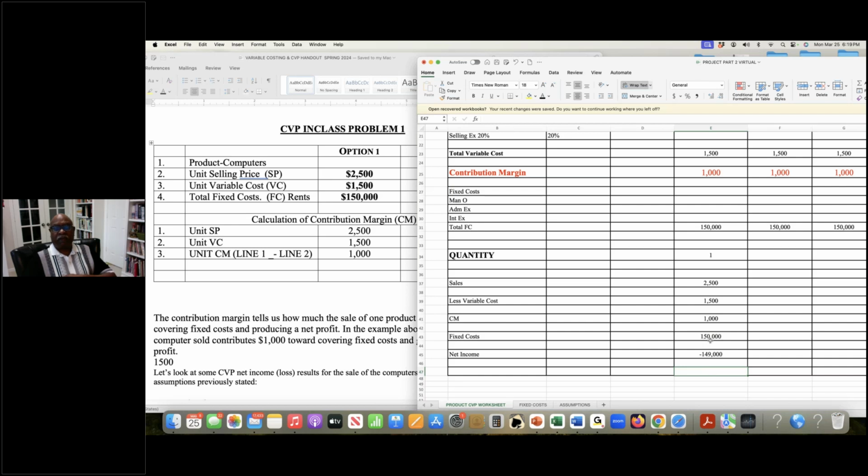Any questions? So the contribution margin minus the fixed cost is your net income. Because you only sold one, I wanted to show you one. And this is the first question on your quiz. If you sell one, what's your loss going to be? Now, the second question, of course, is how many you got to sell to break even?